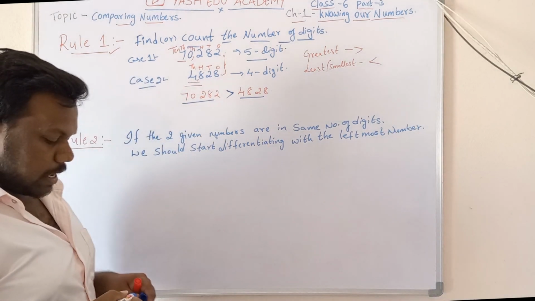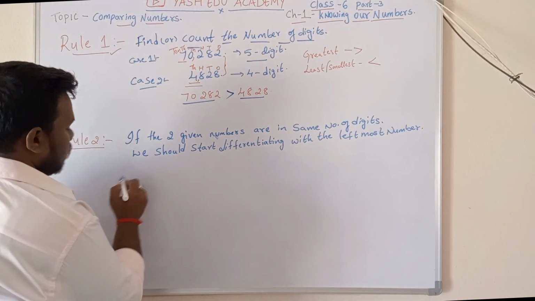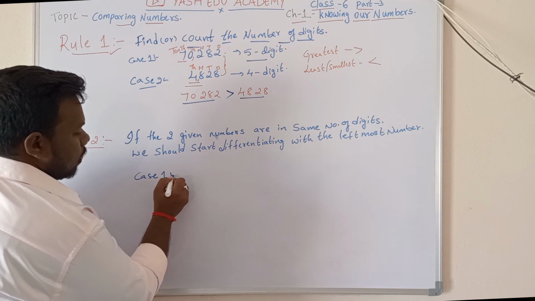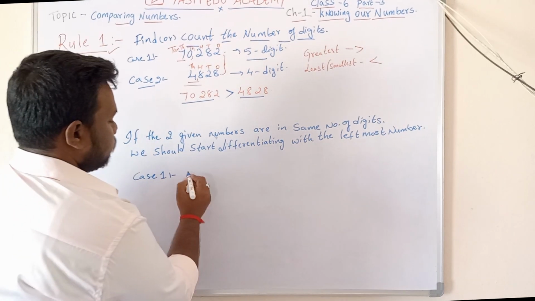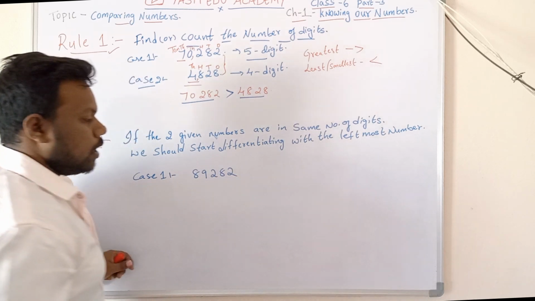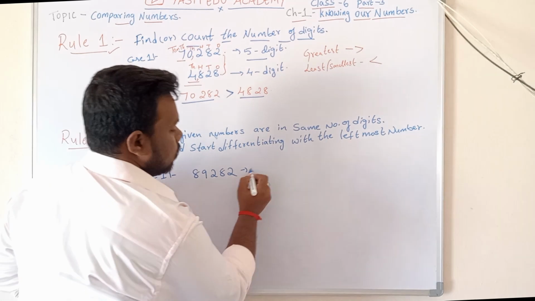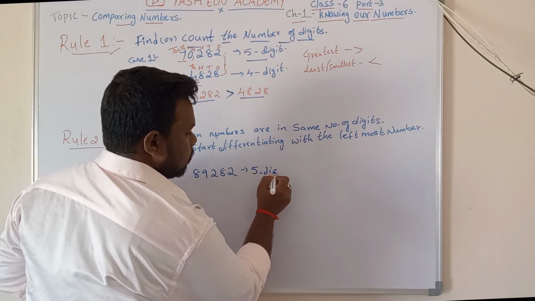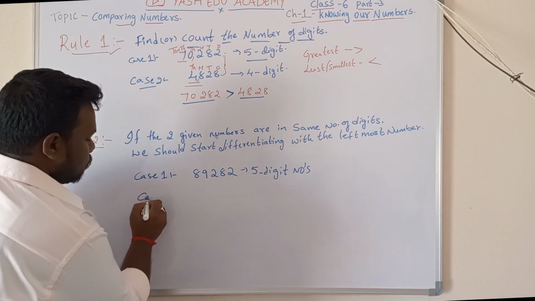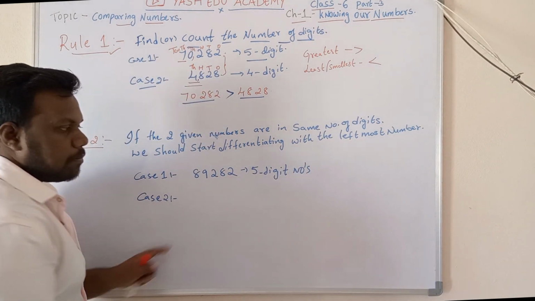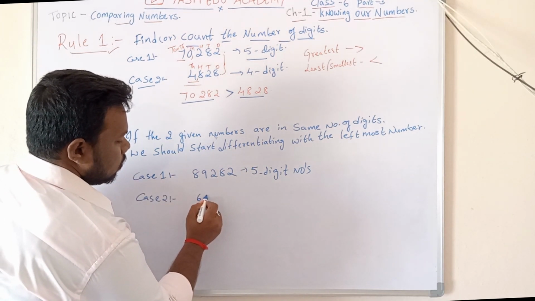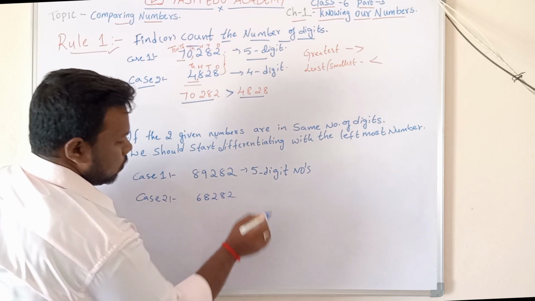For example, in case 1, I am taking the 5-digit number 89282. It is a 5-digit number. In case 2, we should take the same number of digits, 68282.